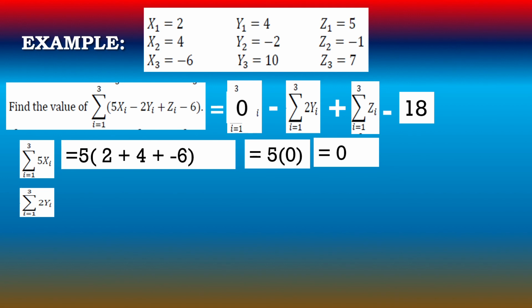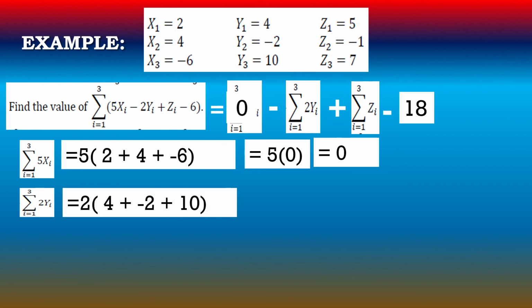Second term is 2 times y sub I ranges from 1 to 3. So, again, ang constant natin ay 2. So, multiply it by y sub I. So, y sub 1 to y sub 3.